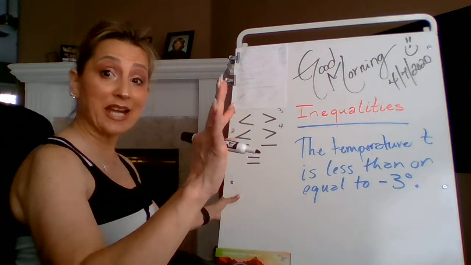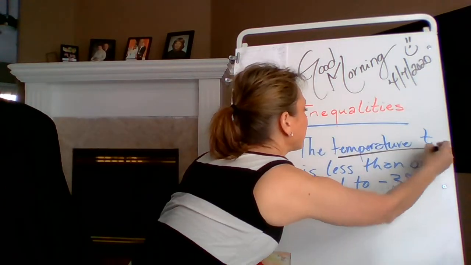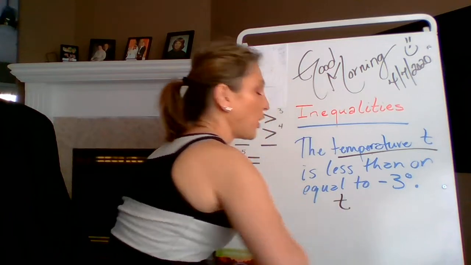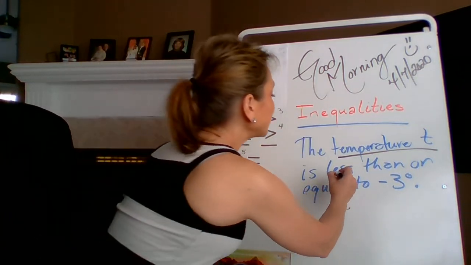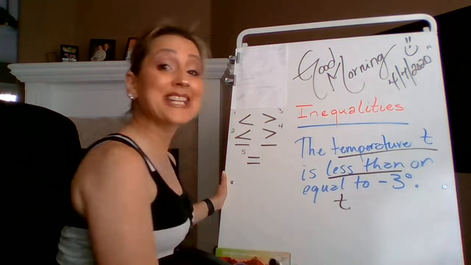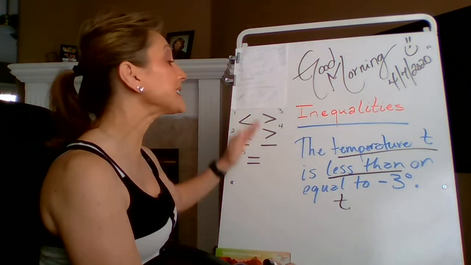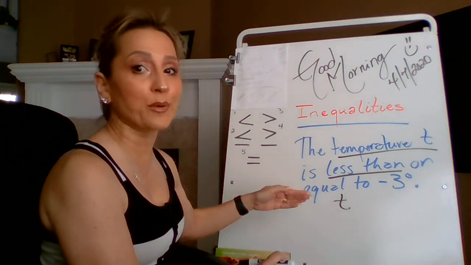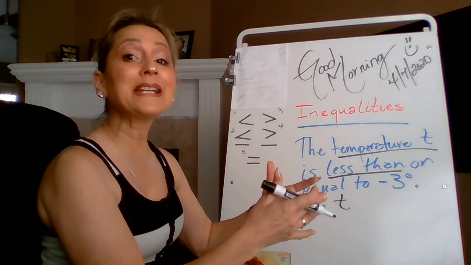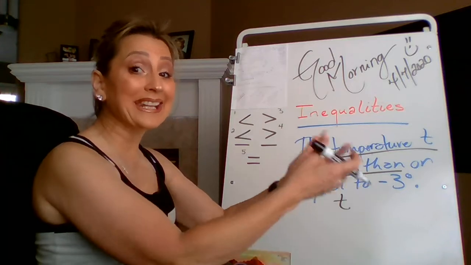The first part they can definitely say is the temperature T. So they know they're using the algebraic variable of the letter T. They know it's then going on to say that it's less than. So it's less than or equal to a negative 3. So that means that the temperature has to be less than.